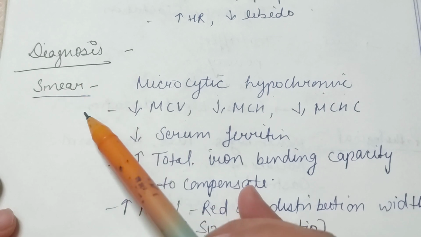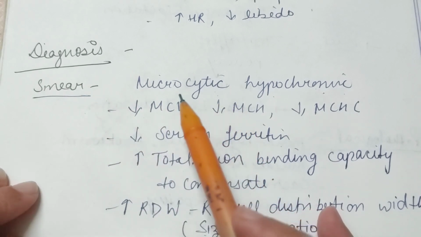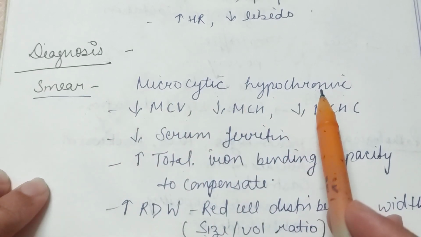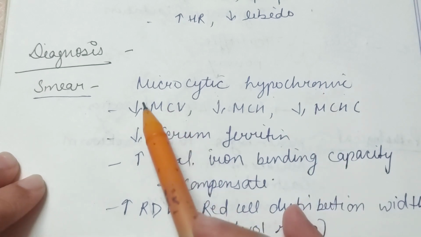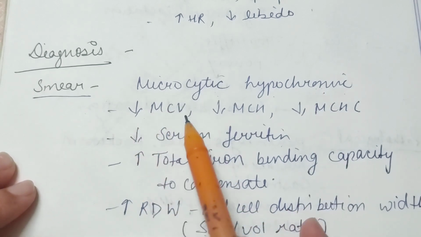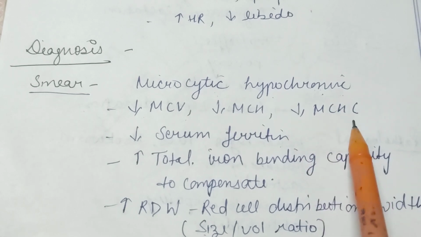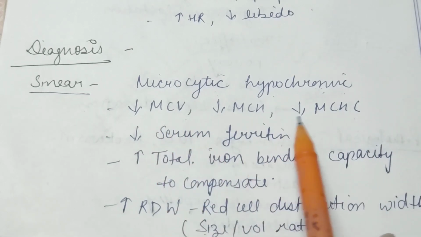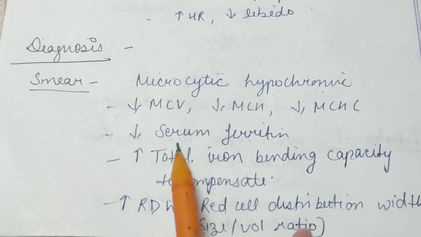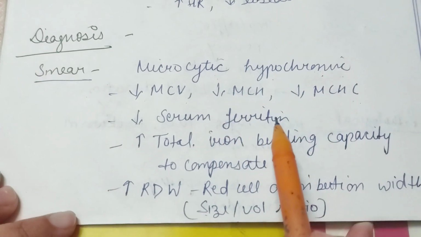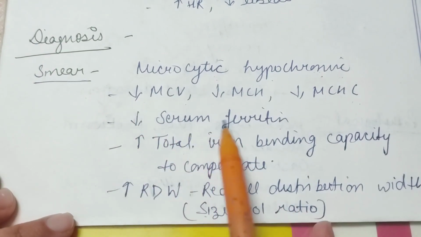So for diagnosis, the blood picture will be microcytic and hypochromic. What does that mean? When you investigate MCV, there will be decreased MCV, and when you investigate MCHC, there is decreased MCHC. So blood indices will be reduced. Then iron stores might be reduced, with a decrease in serum iron.